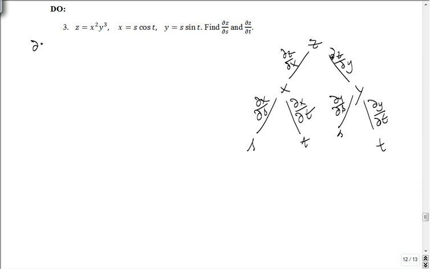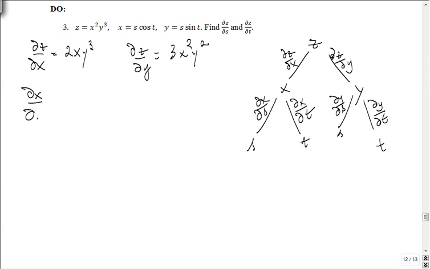One person give me partial Z with respect to X, please. Somebody else give me partial Z with respect to Y. Somebody else, partial X with respect to S.